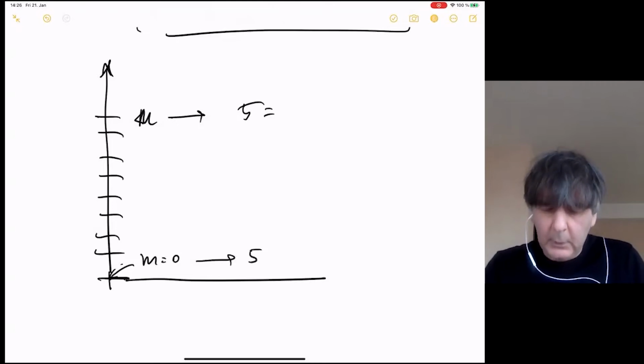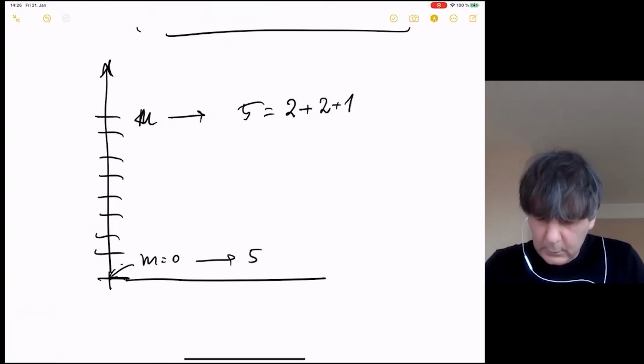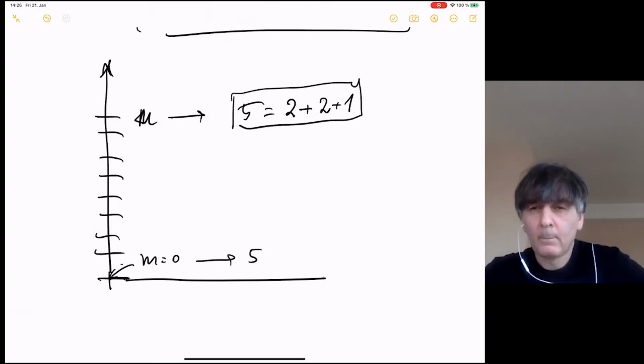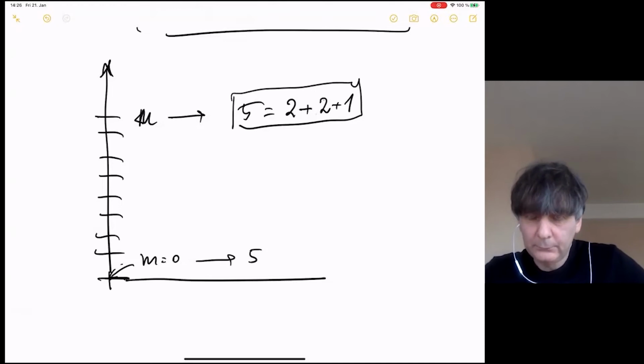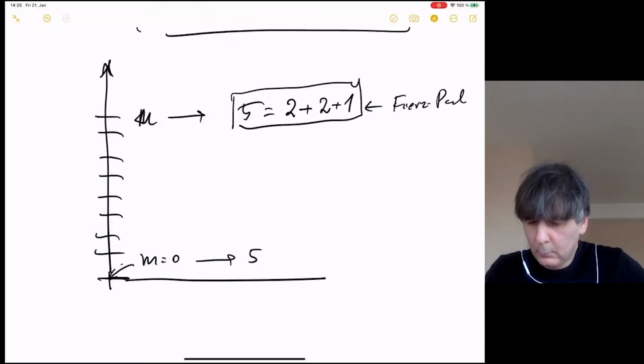Now, however, at non-zero level, the 5 degrees of freedom combine themselves, written as 2 plus 2 plus 1, in the form of a first-Pauli graviton. And at level zero, they are separate.